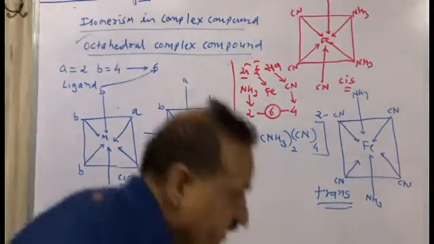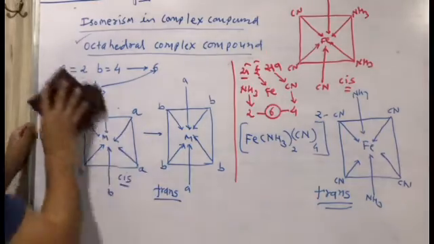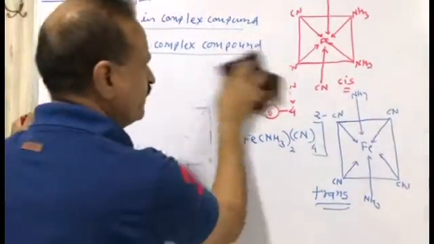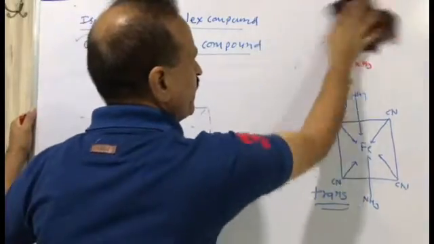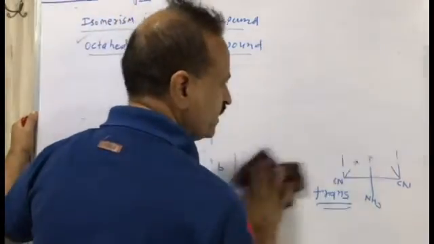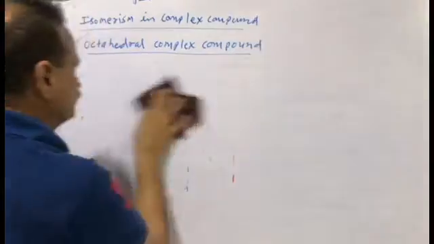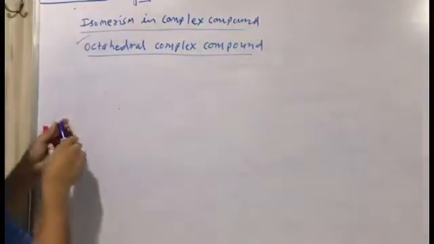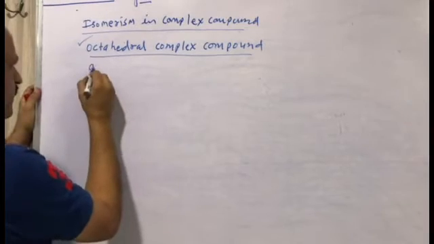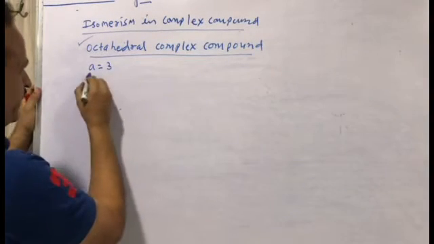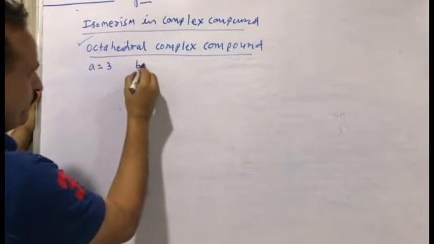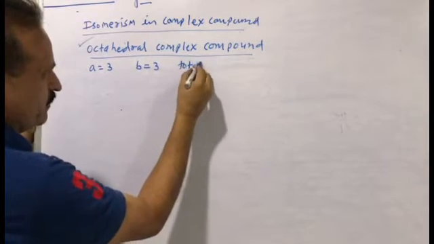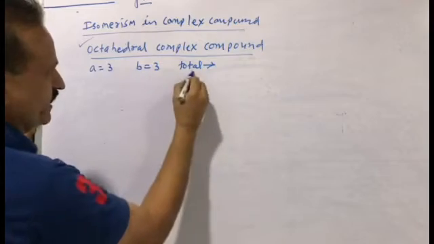It is seen in octahedral only. A type ligand will be 3, B type ligand will be 3, and total ligand will be 6. So it is seen in octahedral.